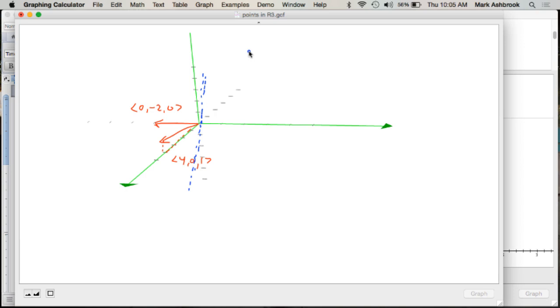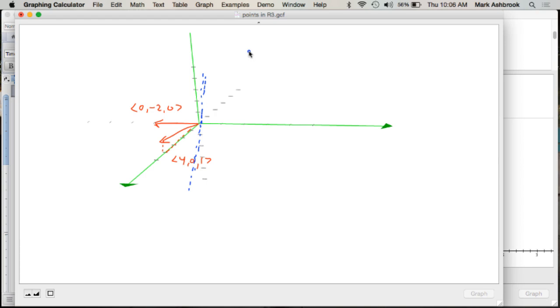I could point them this way, or I could point them this way. So which one of those two ways, A like this or B like this, when I curl my fingers, curls towards the second vector? First. So this is the way I want to point my fingers, so that I can curl my fingers towards the second vector.